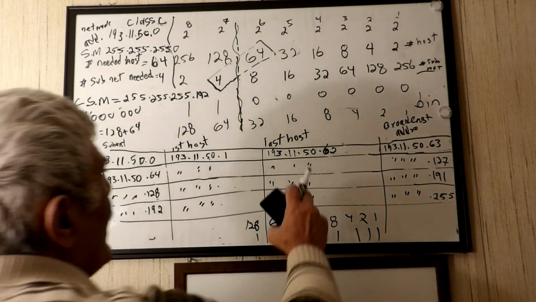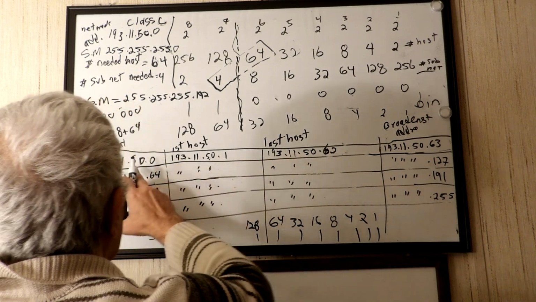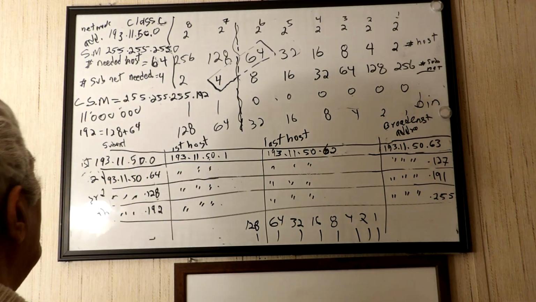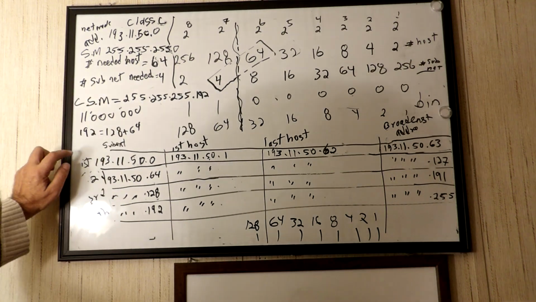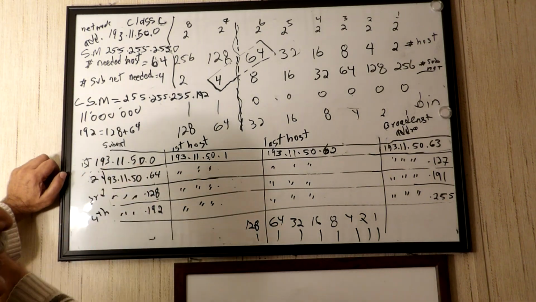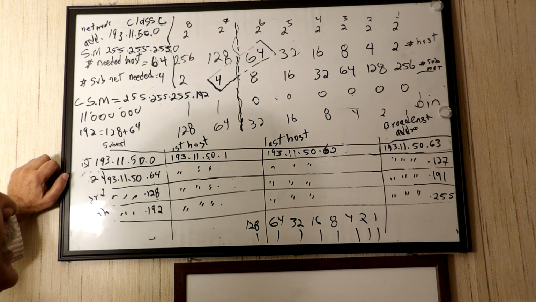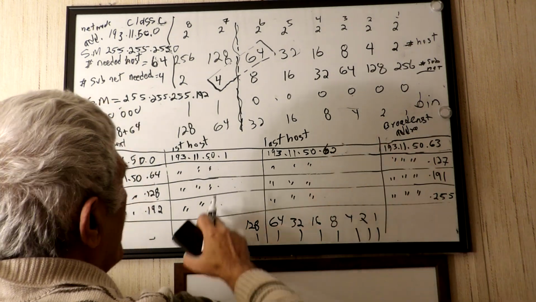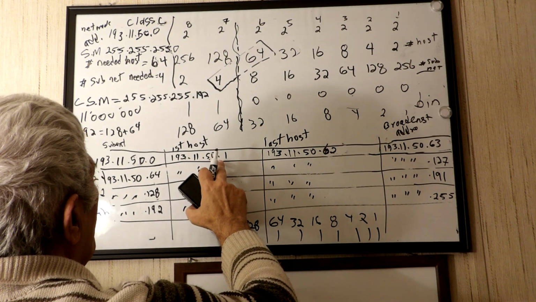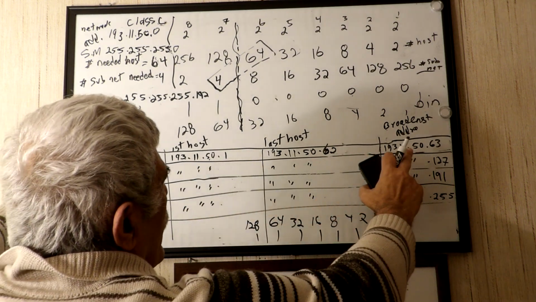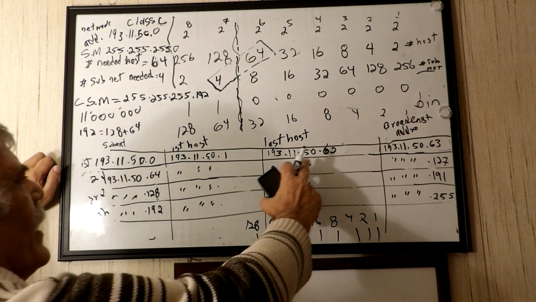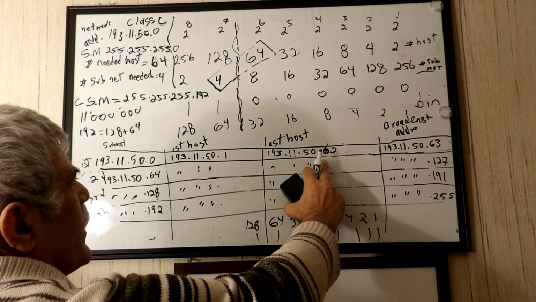So the first host is 193.11.50.1, and for the last host in this subnet, they might ask you a question like, in the first subnet, what is going to be your last host? You write this table here. This starts from point 1. The broadcast address is 63, and then just one number before that, 62.